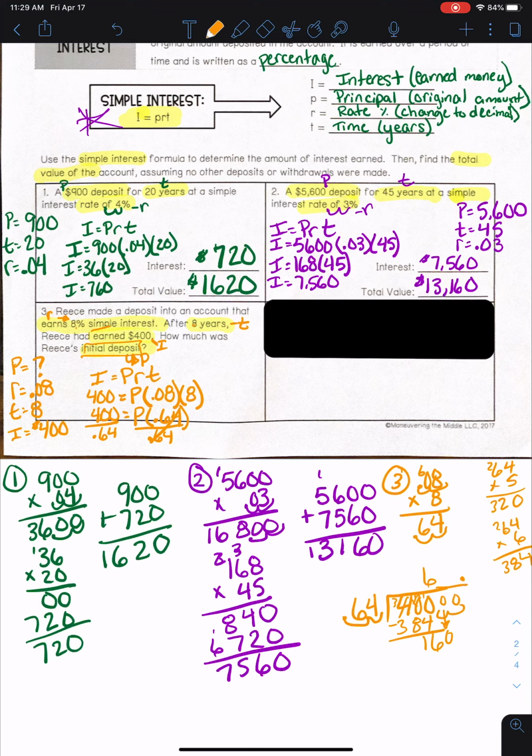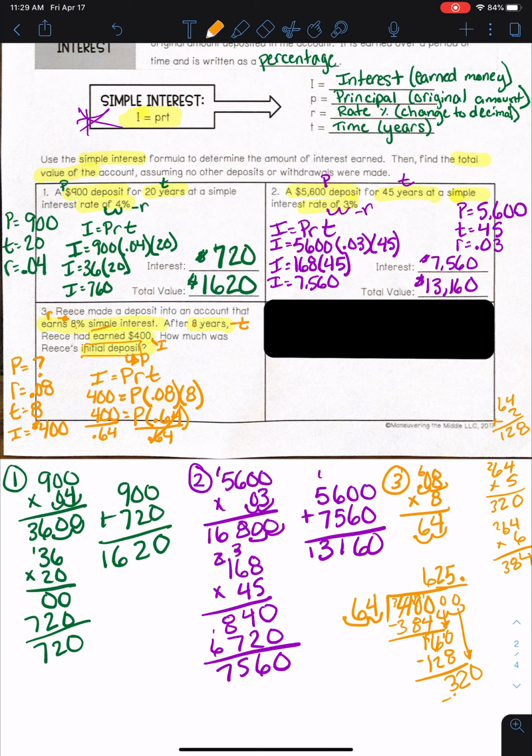So both of these are too big. I'm going to try to multiply by 2. And I get 128. 2, 5 minus 2 is 3. 320. And if I look back at the work I've already done, 64 times 5 is 320.